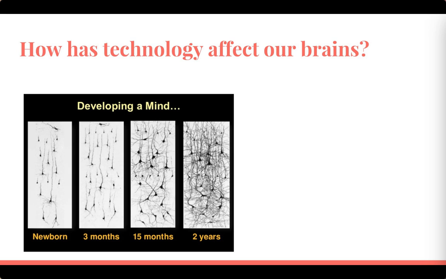As we can see in the picture, those blobs are the brain cells and those strings are the connections between the human brain cells. The first picture is the human brain of a newborn. We can see that within 2 years there is an astonishing change, not only in the human brain cells, but also in the connections between them.